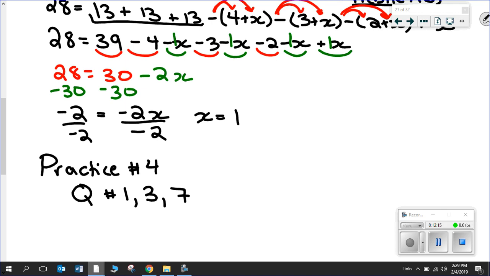Those 3 questions relate to what we just did. And the next video for Lesson 4 Part 2 will be on how to search using our set theory.